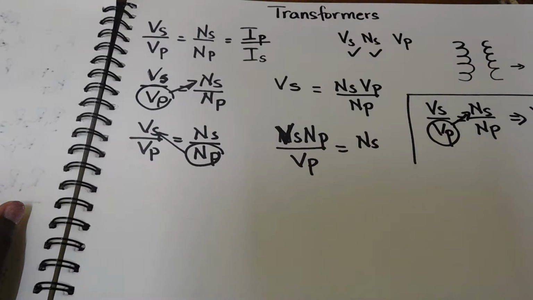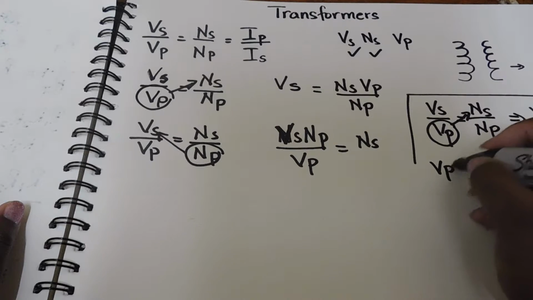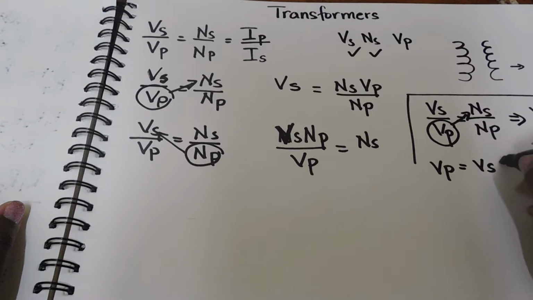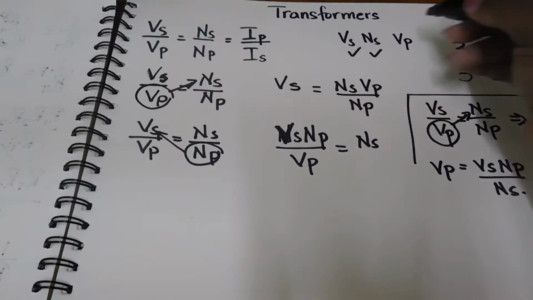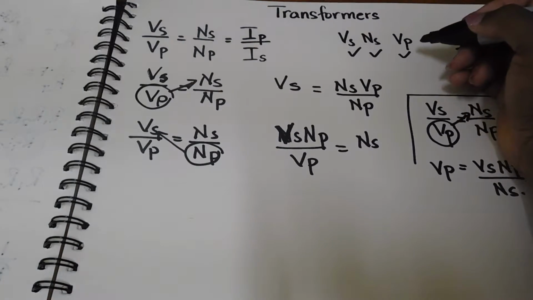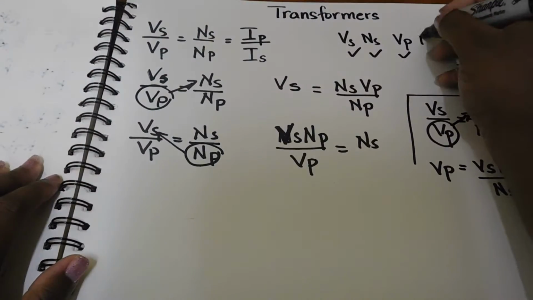You're still looking for VP, so you've got to get rid of the friends. NP will move up, and since this is over 1, NS will move down, and you will end up with VP equal to VS NP over NS. Cool.